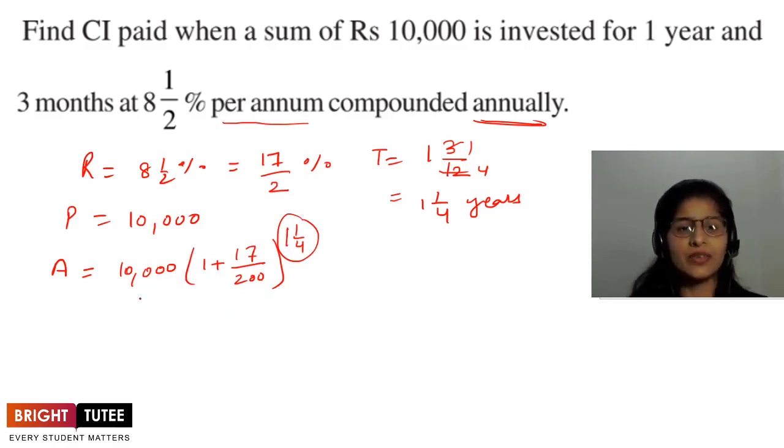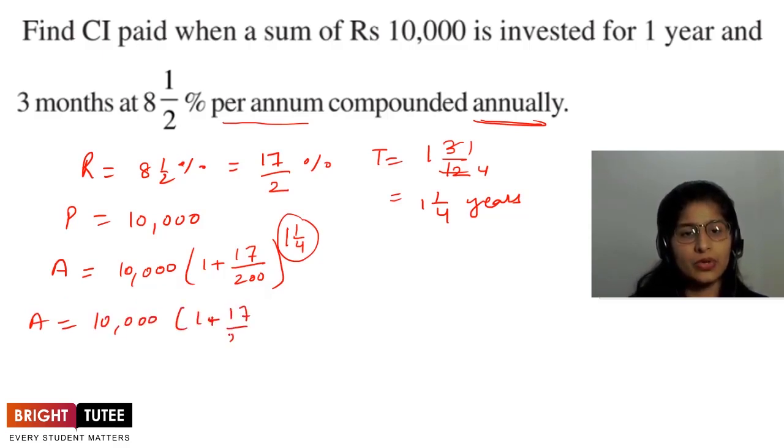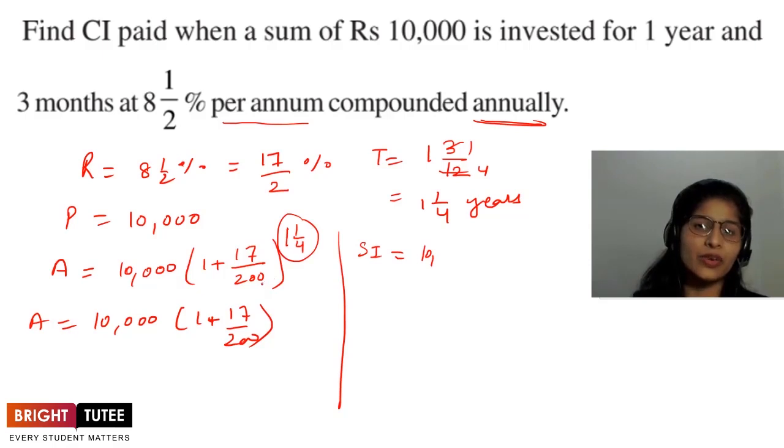So what we will do, for 1 year we will calculate it like this: 10,000 into 1 plus 17 upon 200, and for this 1/4 year we will use simple interest. Just see, at the end of 1 year what is the amount, because it is compounded annually, so we can't just take 10,000.